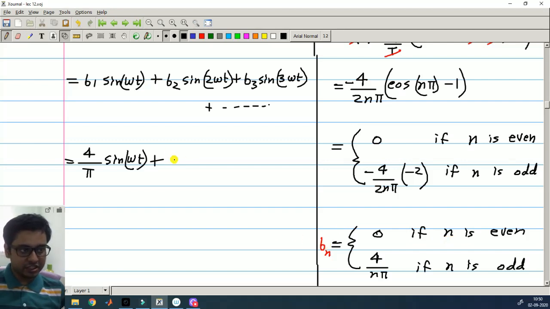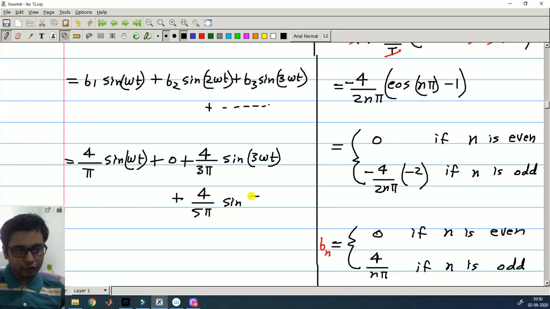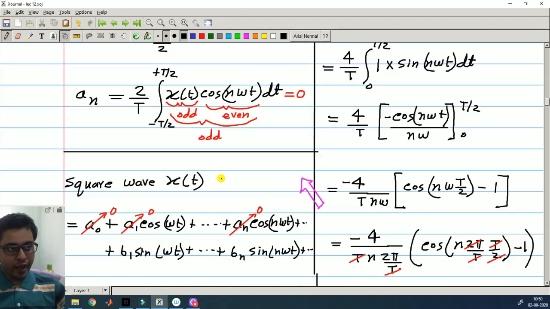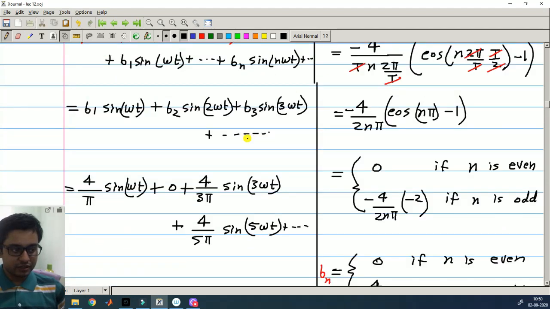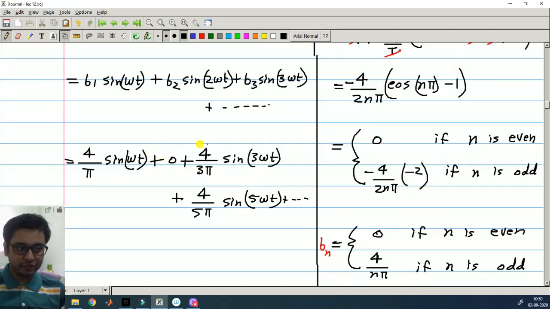So plus 0 plus b3 is 4 by 3 pi sine 3 omega t, then b4 will be 0, then b5 will be 4 by 5 pi sine 5 omega t, and so on. So this way you can express the square wave as a sum of sine waves with different frequencies and different amplitudes.